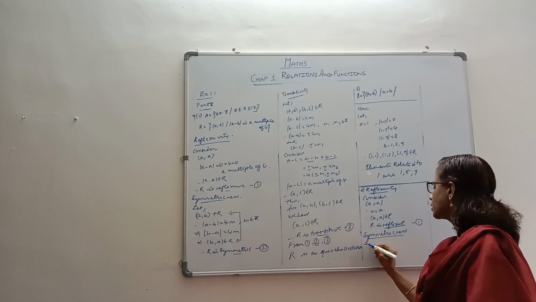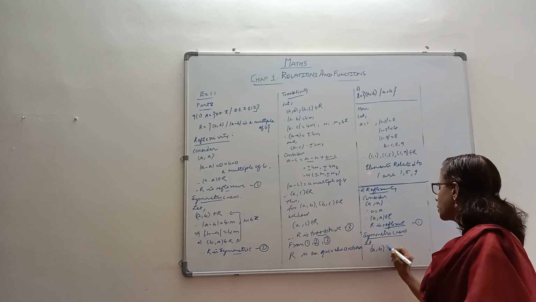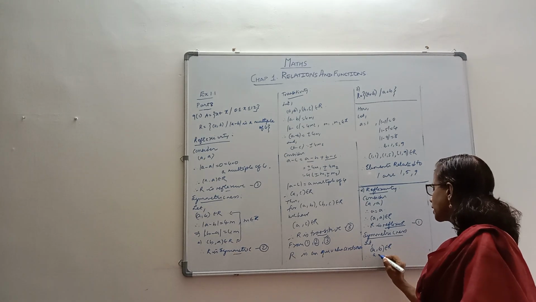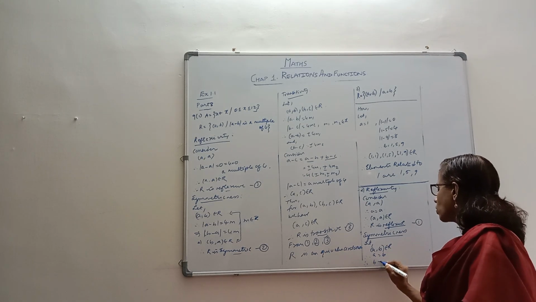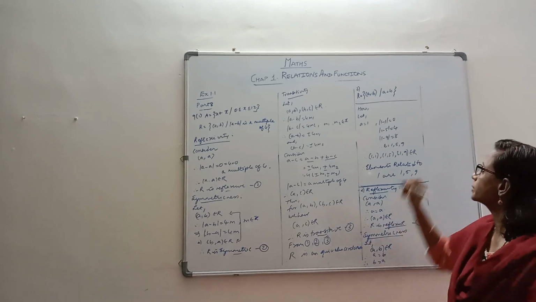Symmetricness. Let A comma B belong to R. Because it is belonging to R, it's clear that A equal to B. If A is equal to B, there is no harm in saying that B equal to A, right? Doesn't matter.